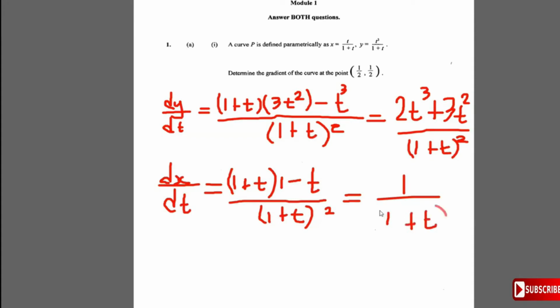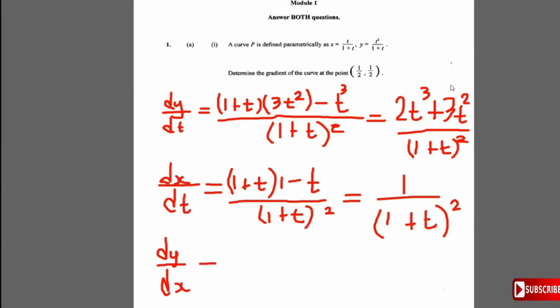So now we may proceed to find dy by dx. As we know, dy by dx is equal to dy by dt times dt dx.